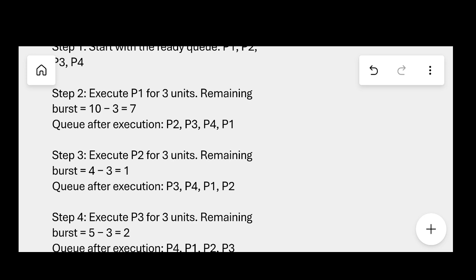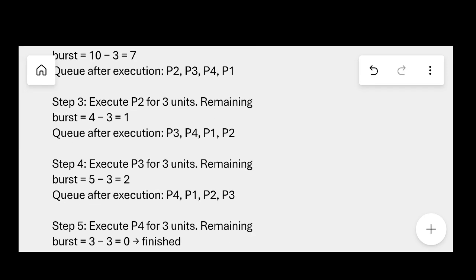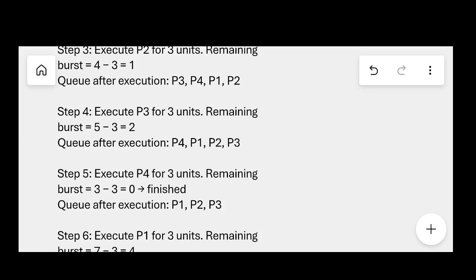It still needs 1 more unit, so it moves to the end. Then P3 runs for 3 units, remaining 2 units, and goes to the end. Then P4 runs for 3 units, finishes completely, and leaves the queue.